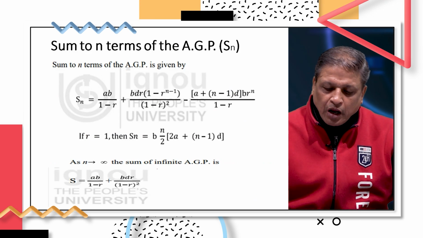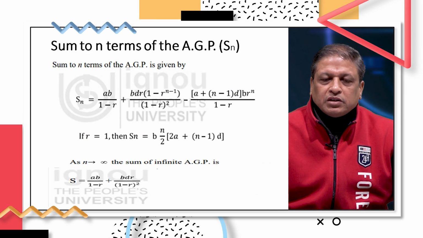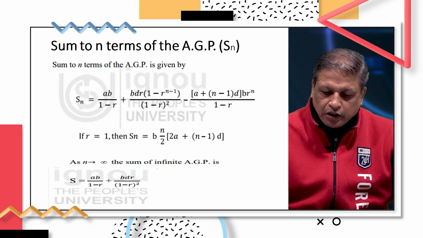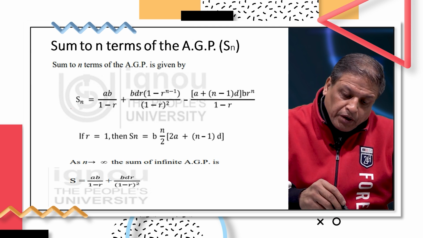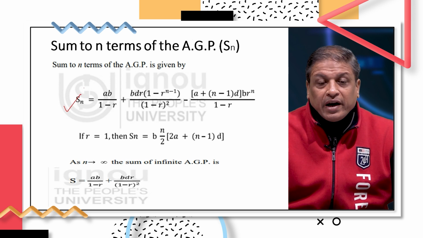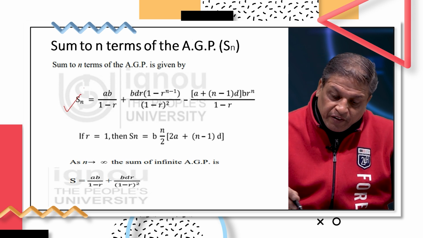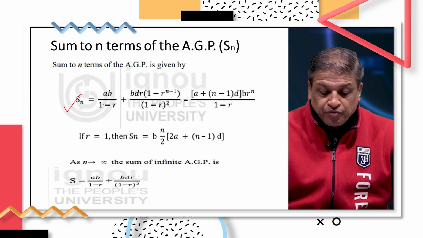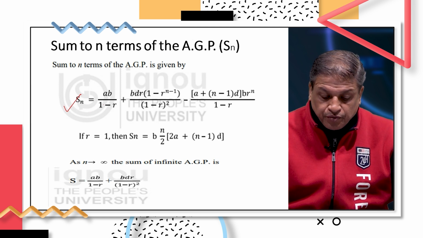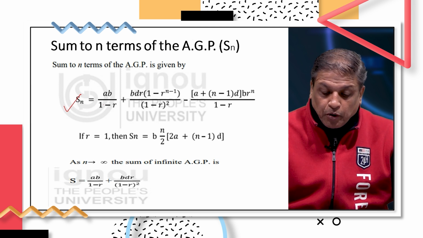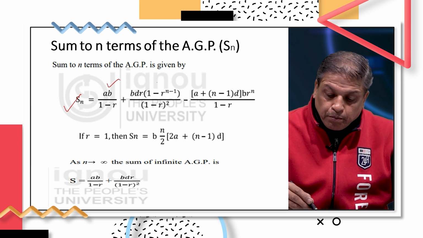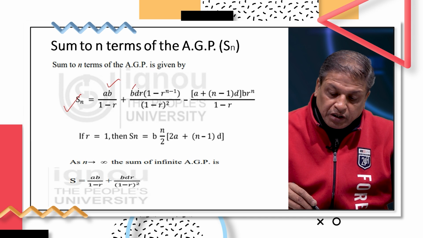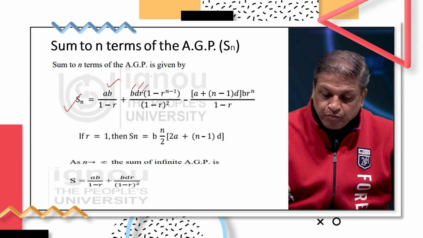Now, the second important concept of arithmetic geometric progression. We are not going into the proofs, but the simple formula for the sum of n terms of the arithmetic geometric progression is given by Sn equals AB upon 1 minus R plus BDR, where B is the first term of the geometric progression, D is the common difference of the arithmetic progression, and R is the common ratio of the geometric progression.